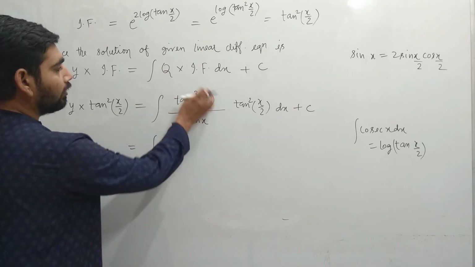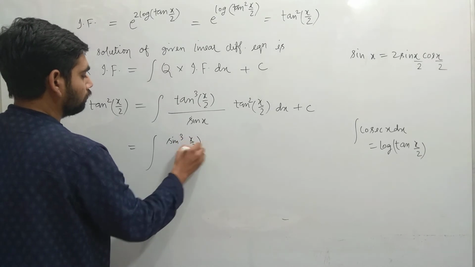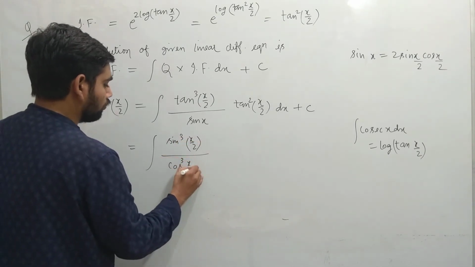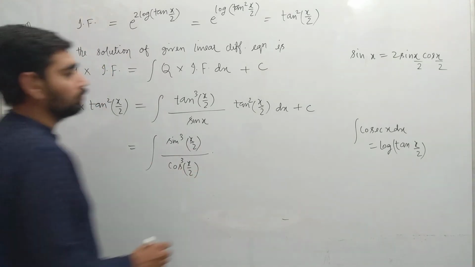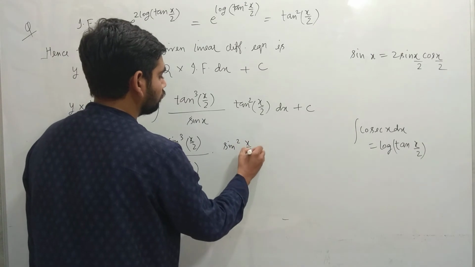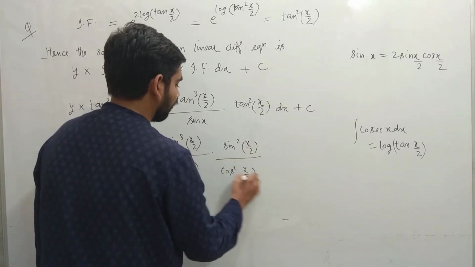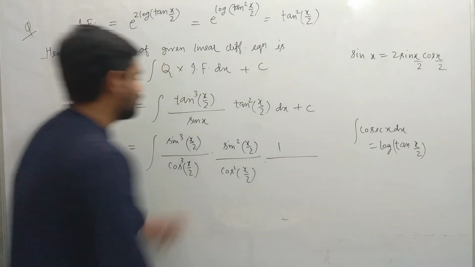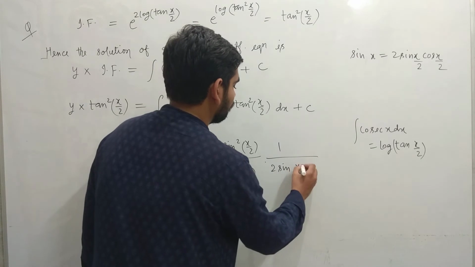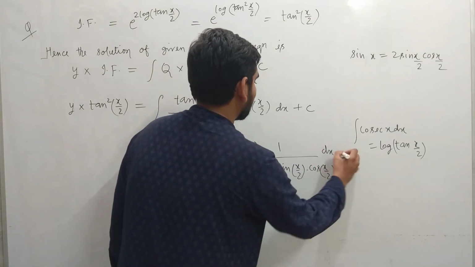On the right hand side, it can be written as sin cube x upon 2 divided by cos cube x upon 2, into tan square x upon 2, which can also be written as sin square x upon 2 divided by cos square x upon 2. 1 upon sin x can be written as 1 upon 2 sin x upon 2 cos x upon 2, dx plus c.